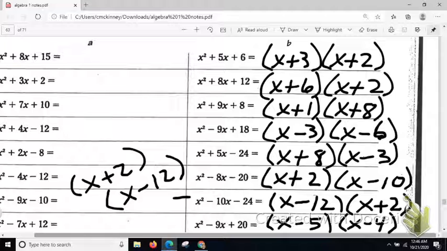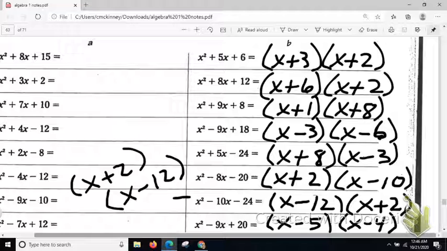A lot of times, because I put my plus and minus, I typically would have my plus in the first one, but there is nothing magical about that. So I can say x minus 12 and then x plus 2. It's the same thing as x plus 2 and x minus 12, as long as the 12 is with the negative and the 2 is with the positive.